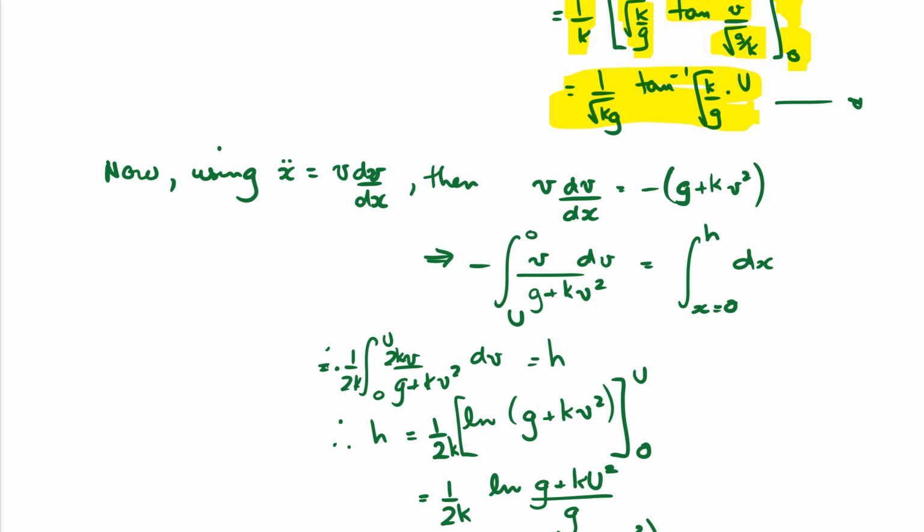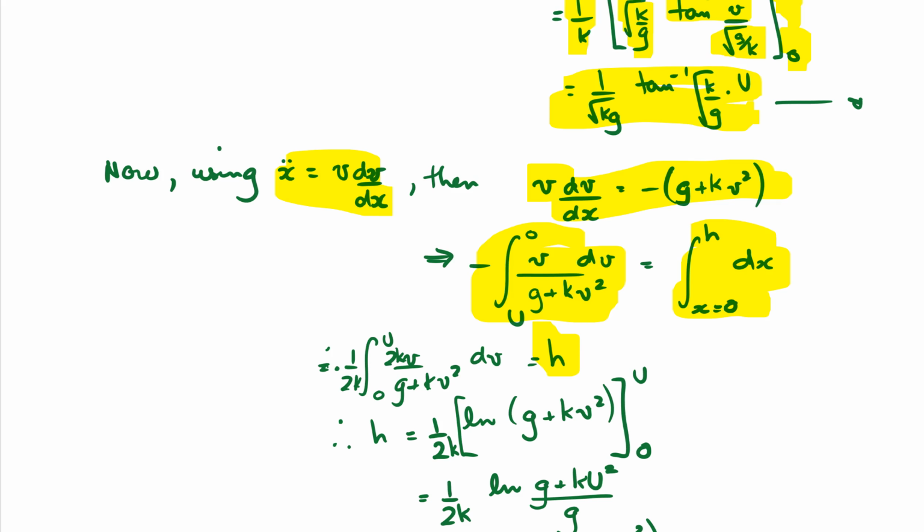Now to get the equation for maximum height, we want to link v and x, so we're going to use this form of the acceleration. So v dv/dx is this. We rearrange our integral, so bring all the v stuff onto this side, and we've got this, and that equals the integral dx from 0 to h, which of course becomes h.